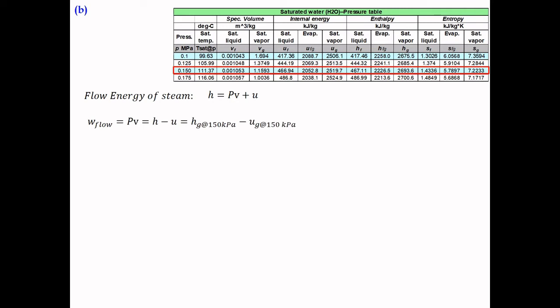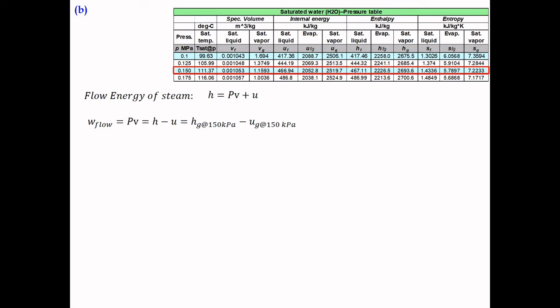So the flow work equals PV equals H minus U. Because now we consider the flow work for the steam, we need to consider the enthalpy for saturated vapor and also the internal energy for saturated vapor, which is equal to Hg at 150 kilopascal minus Ug at 150 kilopascal.